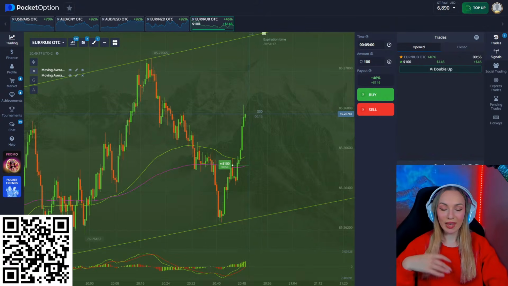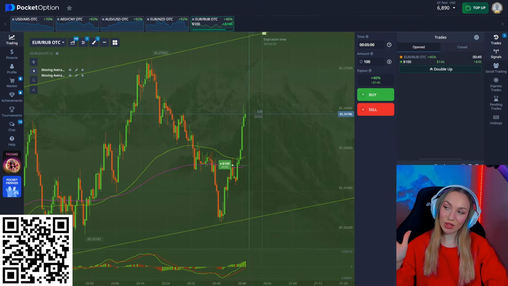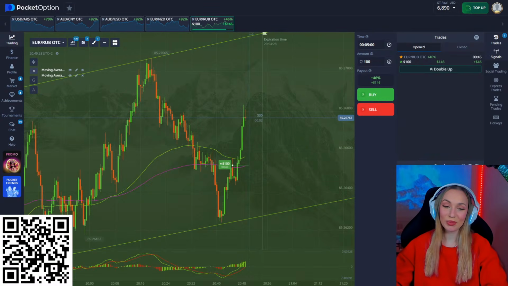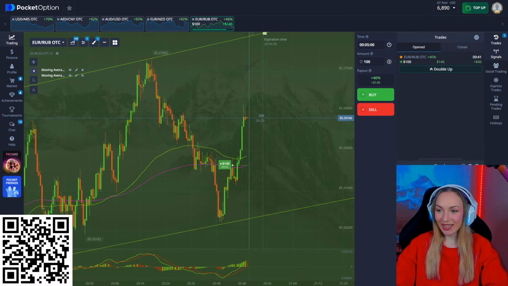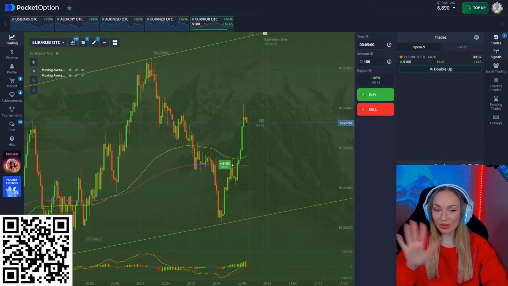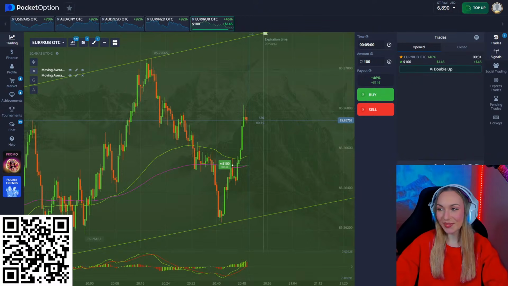I love that moment when you're just relaxed, you're waiting for the result of this trade, and you know that for 90% this is gonna be profitable, and you're just celebrating that inside of you. You're not looking for the new trade, for the new analysis, you're just enjoying that moment to see the profit and then move on.